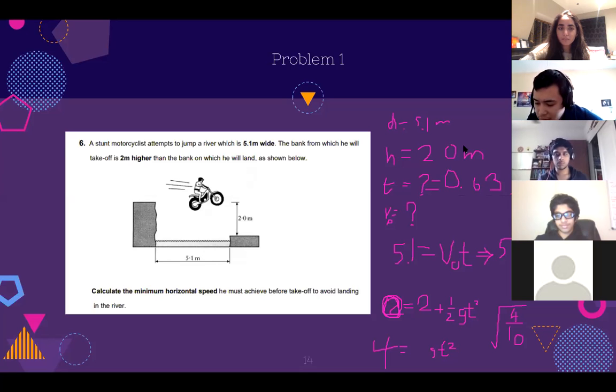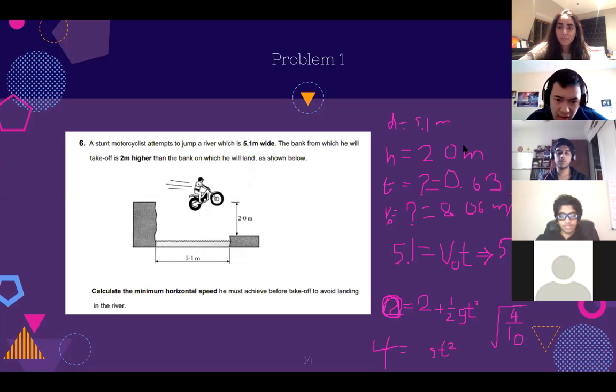So I'm going to divide 5.1 by 0.63, and it is about 8.06 meters per second. And that is our final answer.